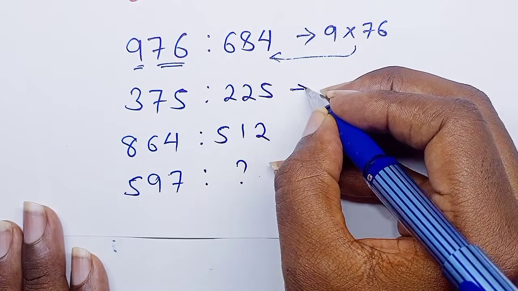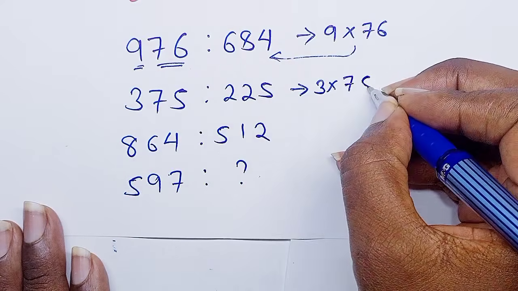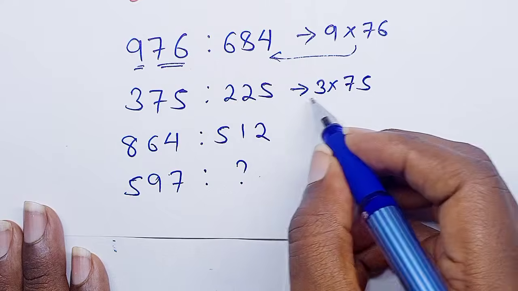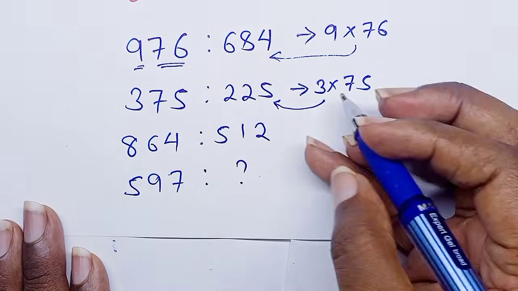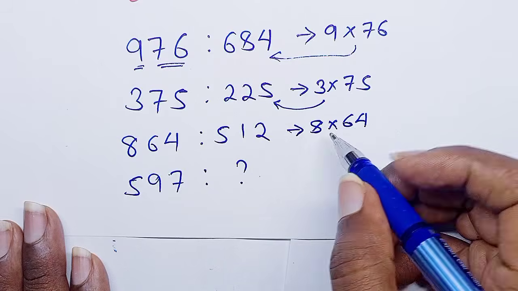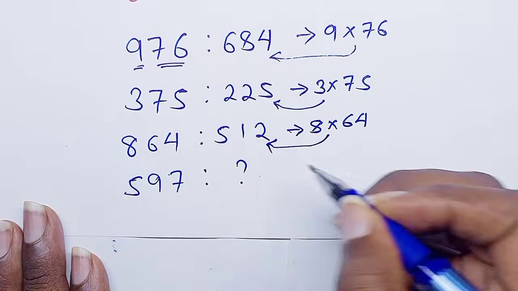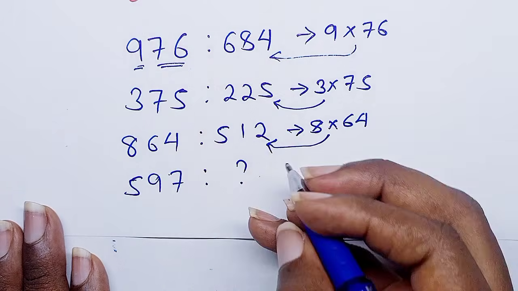Also here, 3 times that two-digit value, 75. 3 times 75 is equal to 225. So also here, 8 times 64. 8 times 64 gives you this answer. That means also this follows the same logic.